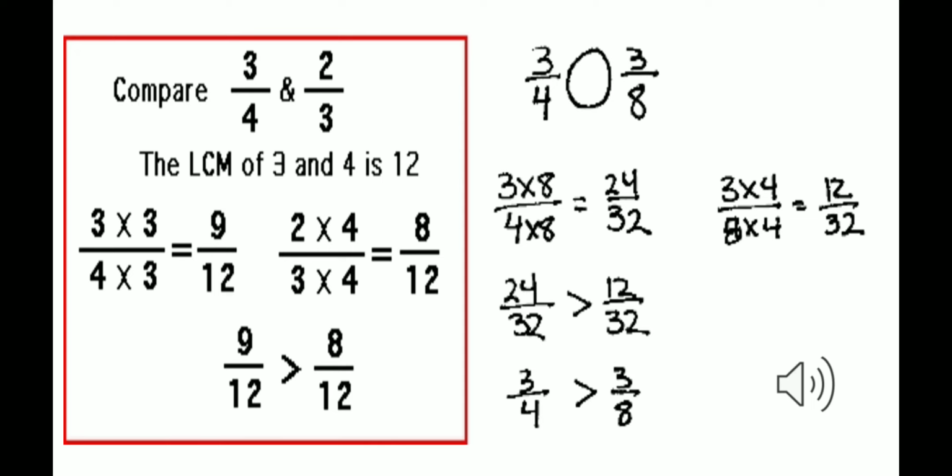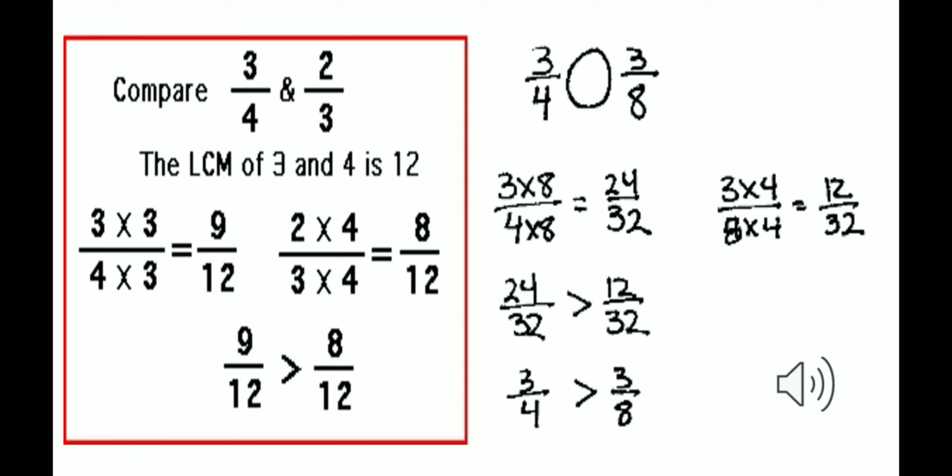I have to make the first fraction's denominator 12 and the second fraction's denominator also 12. When the denominators are the same, then we can compare the numerators, which one is big and which one is small. So after taking the LCM, which has come as 12, I have to make both the denominators 12.